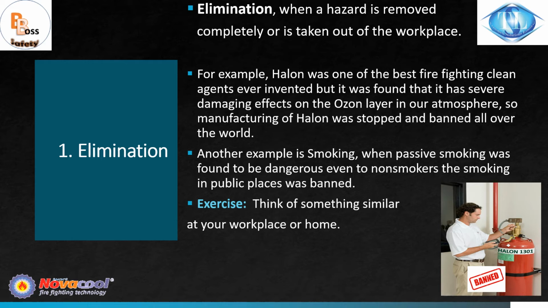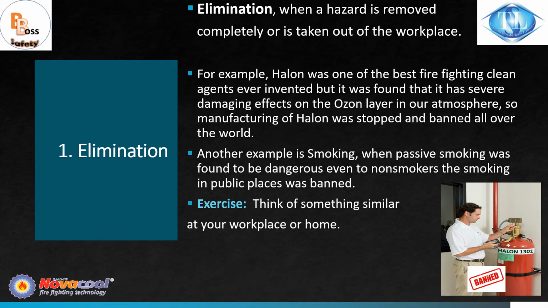Another example is smoking. It was found that passive smoking affects the non-smokers. So passive smoking is somebody is smoking in the room. We are there all the time. We are his colleagues or her colleagues, and we are not smoking.